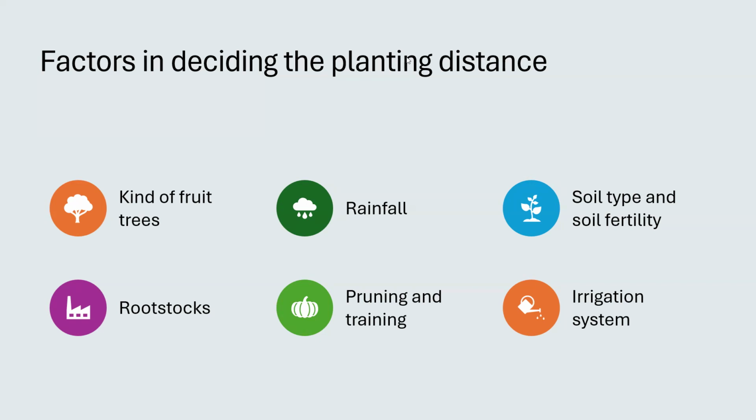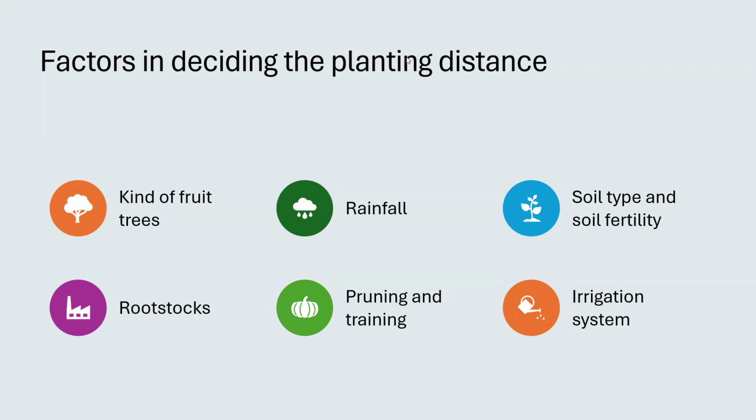Another one is our pruning and training practices. So, trees trained on head system require closer spacing. Kapag pinapractice mo yung pruning or training sa iyong mga halaman, then the required planting spacing is lesser.